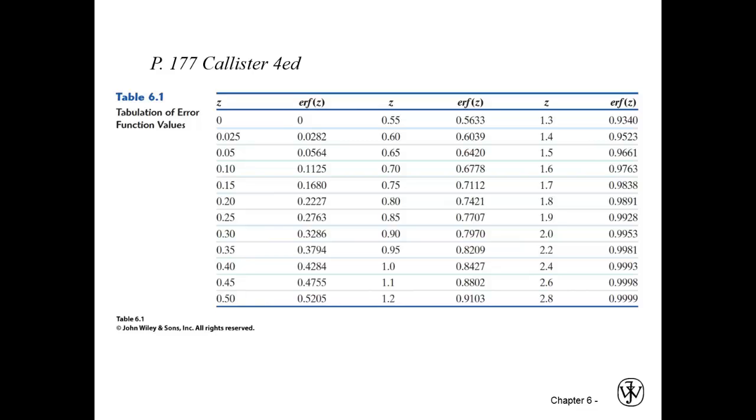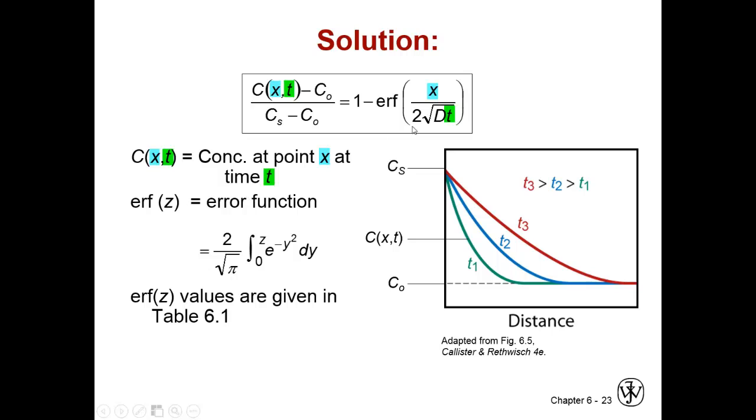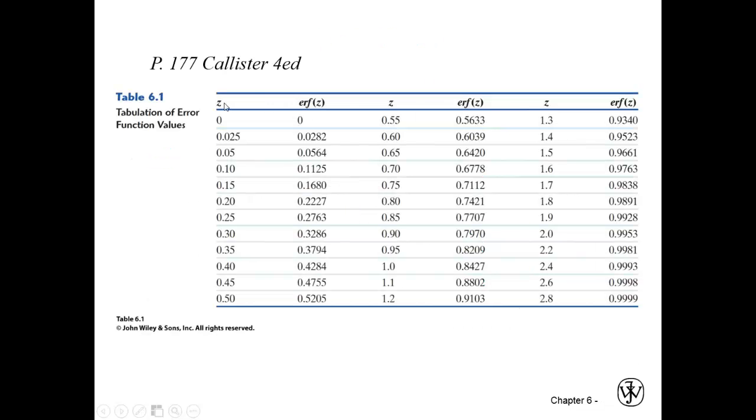So the error function of z. Now, error function is used in many different applications, and all we need to do is find this z. z is, for us in this course, x over 2 square root of Dt. So z is that, and we look it up in this table.